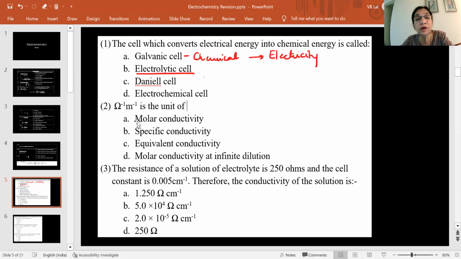Then this is the unit of ohm inverse and meter inverse. You can write meter inverse or centimeter inverse. So ohm inverse and centimeter inverse is the unit of, who will tell me this answer? Hari Raghav?